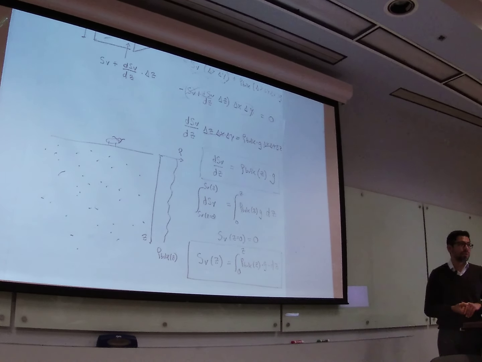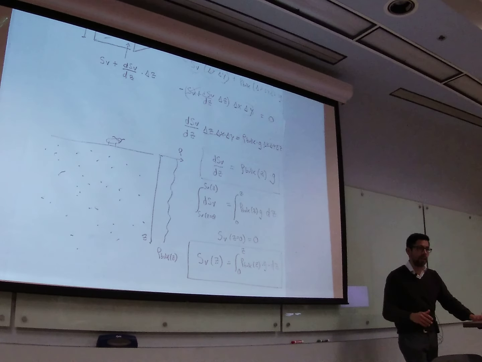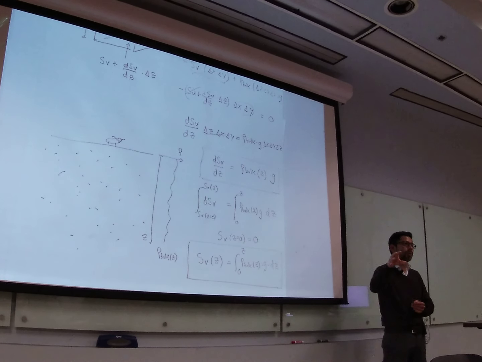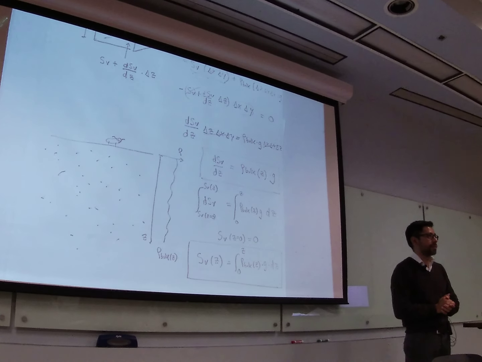Depth is usually very easy to measure. G, we know G. It's a constant, more or less. It varies a little bit, but not a lot. What about bulk density? How do we measure bulk density? Now we're going into a real case, okay? How would you measure bulk density in the subsurface?